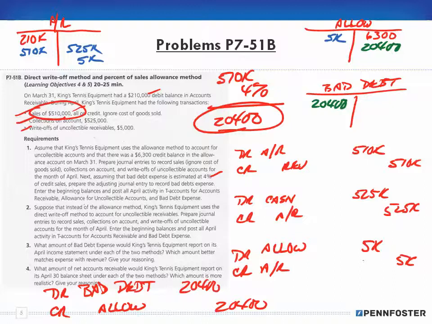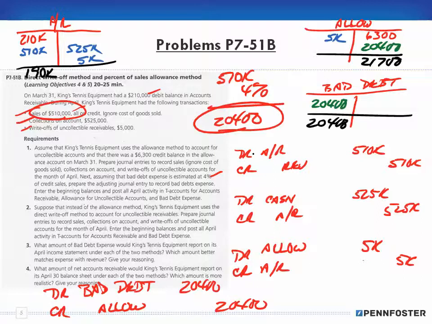So now our balances in our accounts: if we add up the debits for accounts receivable and subtract out the credits, we end up with $190,000. For our allowance, again, add up the debits, add up the credits, subtract one from the other, we get $21,700. And our bad debt expense has a balance of $20,400.